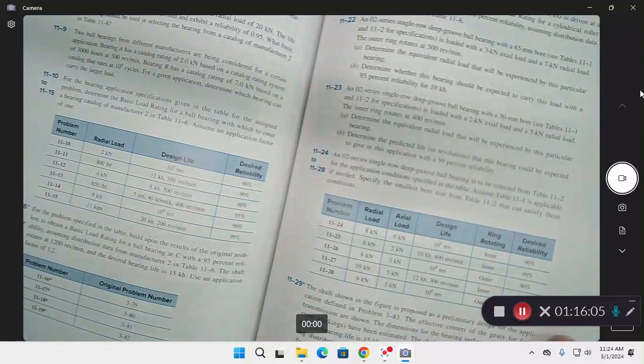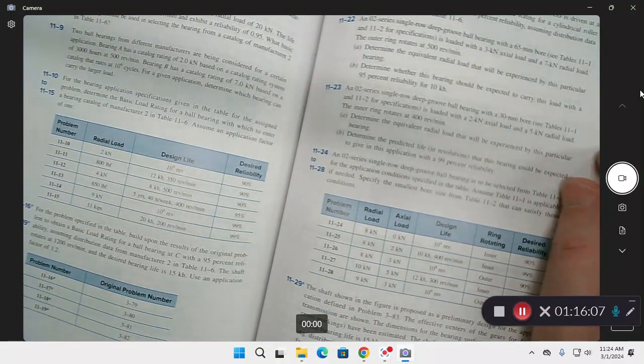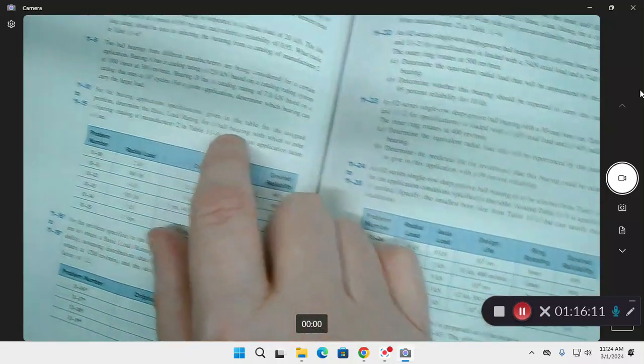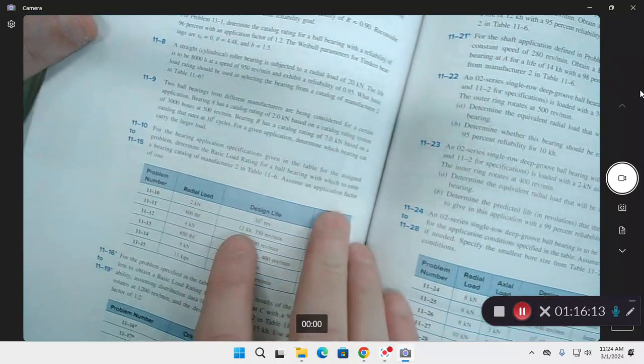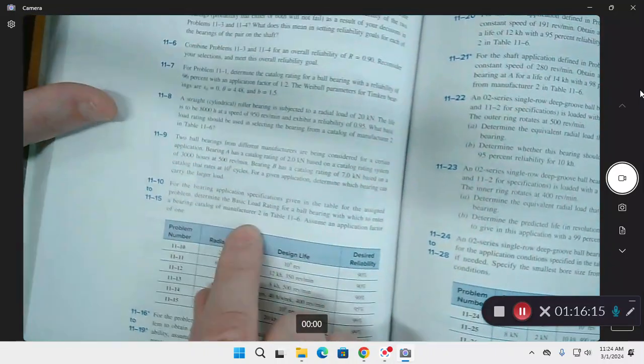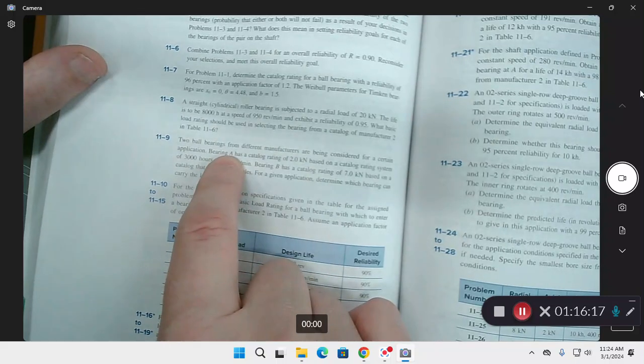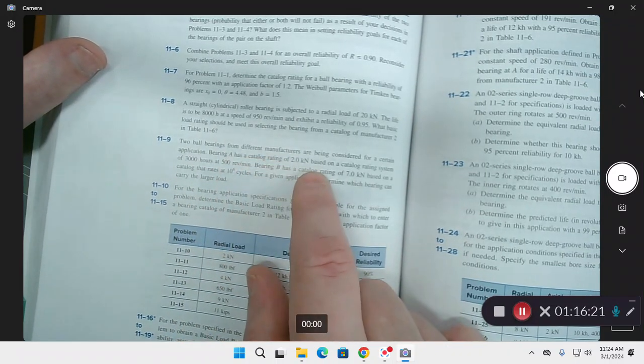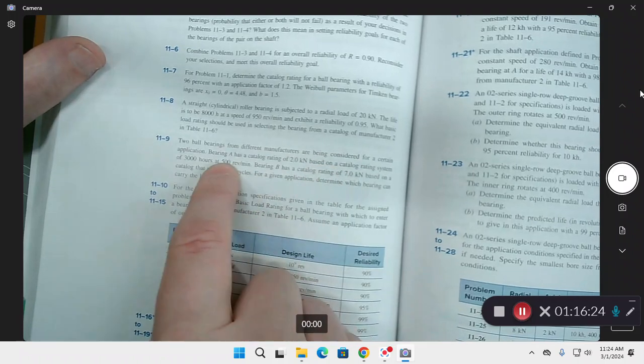All right. Well, boy, this is really rolling the dice here. I'm afraid. Yeah, see, I think it's like 11-9. That looks like the kind that really messed me up. Two ball bearings from different manufacturers are being considered for a certain application.